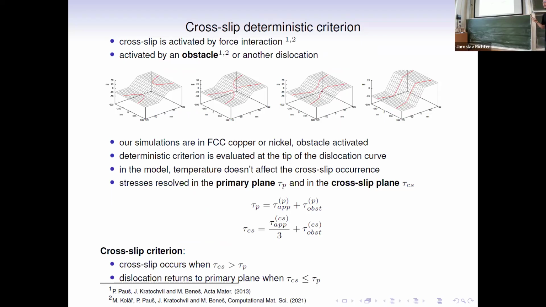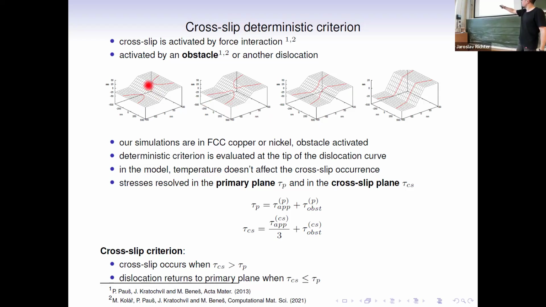And this mechanism can be activated by different effects. One possibility you can see here, for example, one dislocation is sliding through the channel against another, and once the forces can balance, both of them can even skip to a cross-slip plane, merge with one another, and form almost two straight dislocation lines. So this is what we don't consider now.